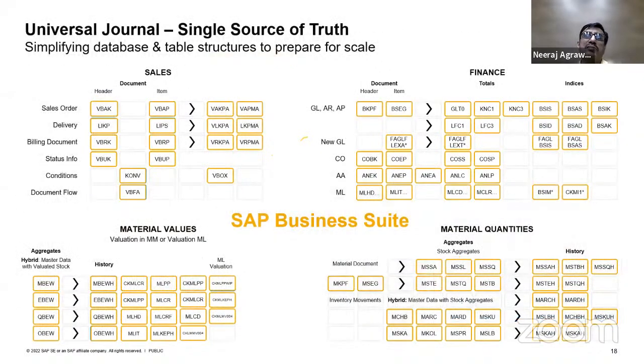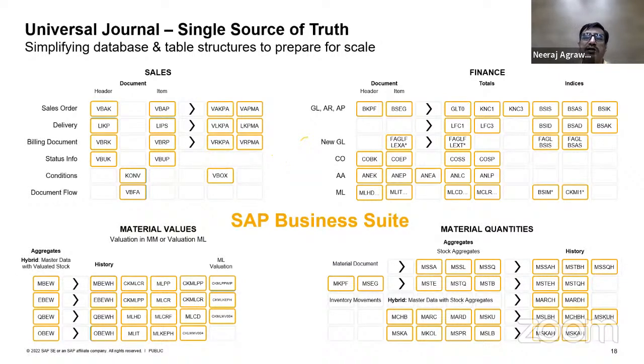So moving further, let's see how our database has simplified. Prior to S4 HANA, you would be seeing multiple tables here: multiple totals tables and index tables, and this was how it looked. There were so many tables inside, and for each report we had to deal with very complex things.